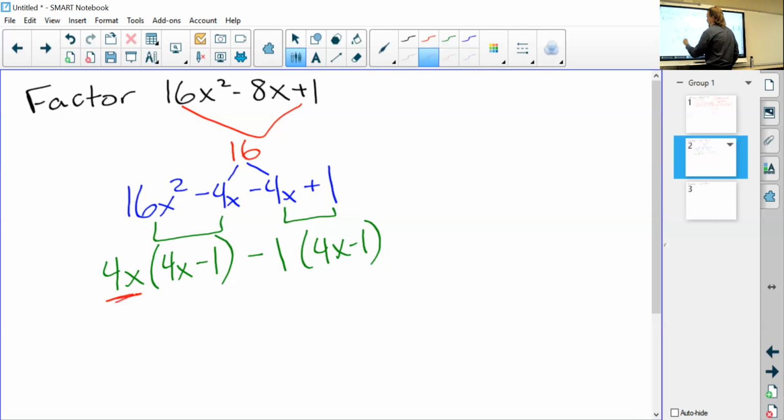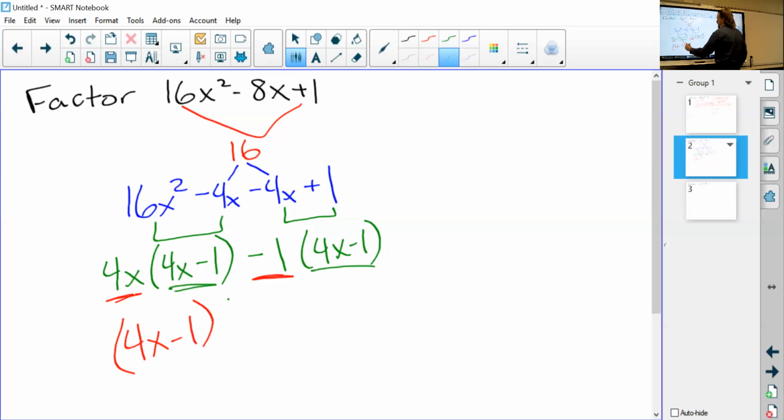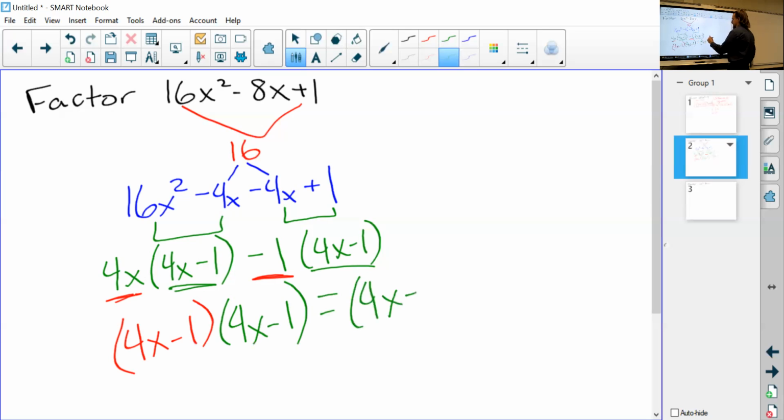What I have on the outside of the parentheses, 4x minus 1, is the same as what I had inside my parentheses. So my answer is 4x minus 1 times 4x minus 1, or more simply, 4x minus 1 squared.